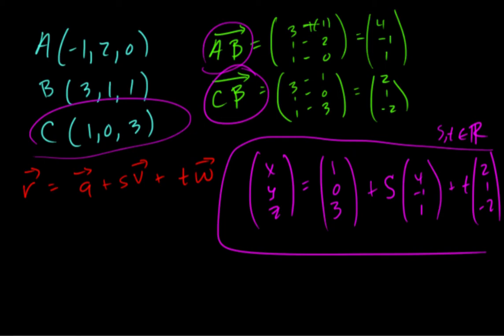All right, now for the Cartesian, we need to find a normal vector. And so to do that, we have to do a cross product. So to find n, we're going to take AB, which we already know, and we're going to do cross AC.